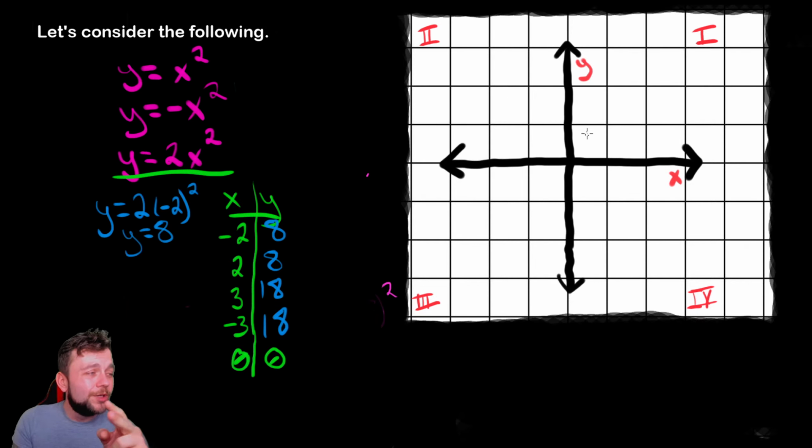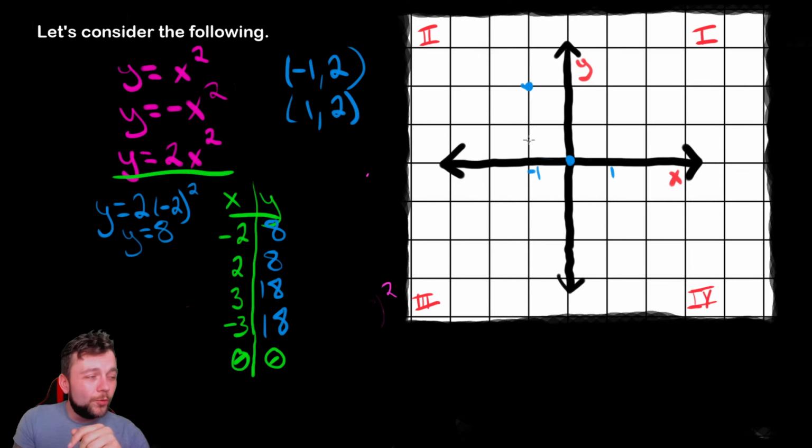Times 2 is 2. So at negative 1, and this is positive 1, and this is still 0, 0, we have negative 1 and then 2 for our first ordered pair. Negative 1, 2, and then we would have positive 1, 2 for our second ordered pair.